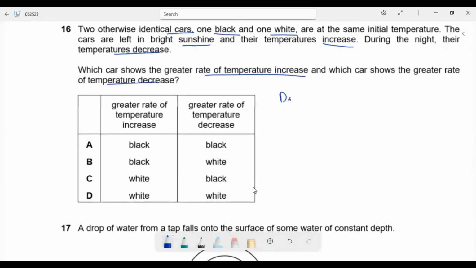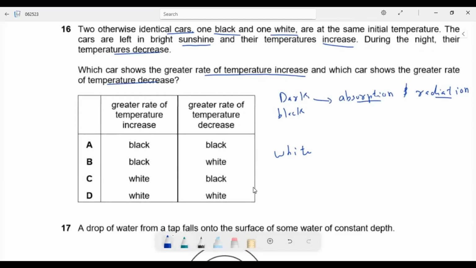Dark colors are good at absorption and radiation of light.